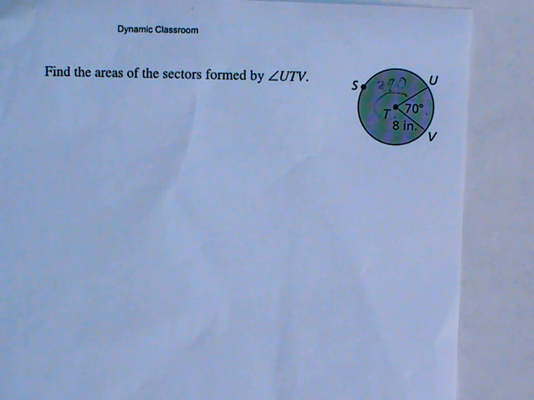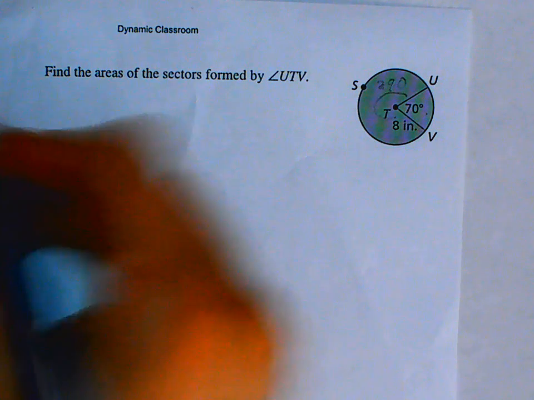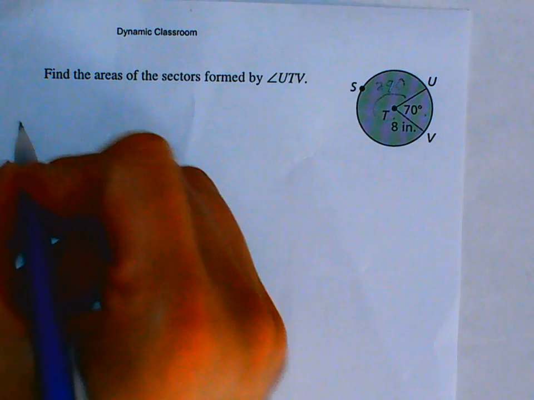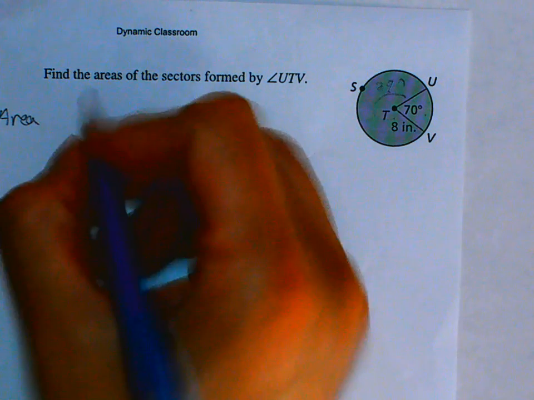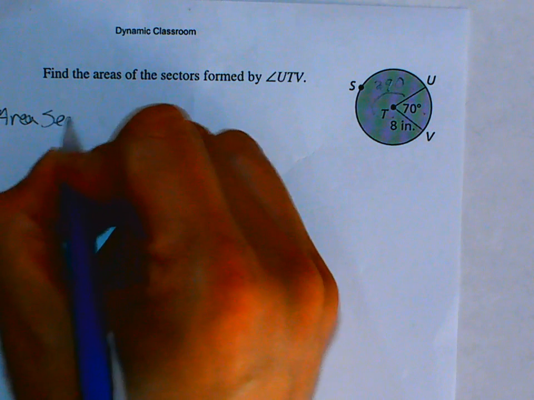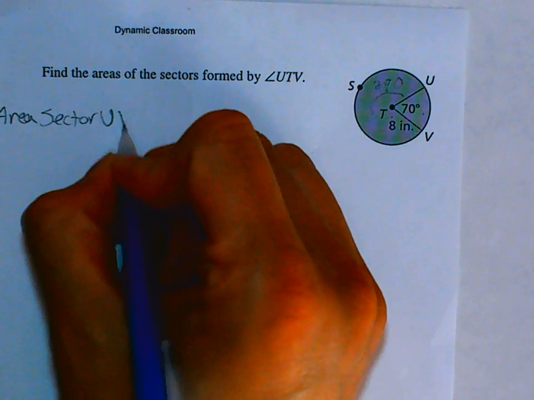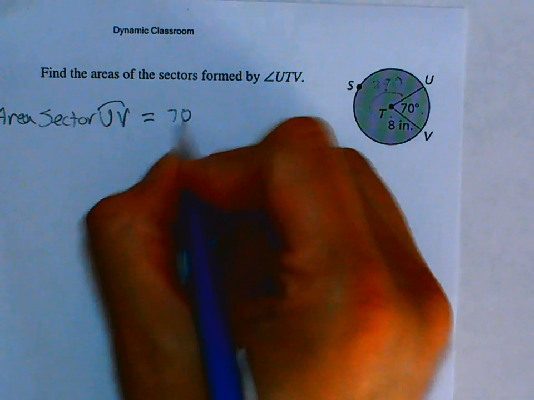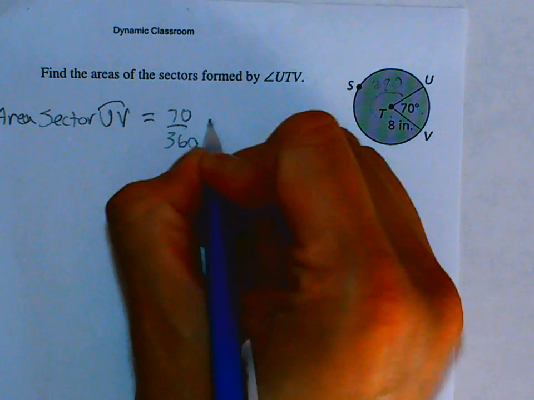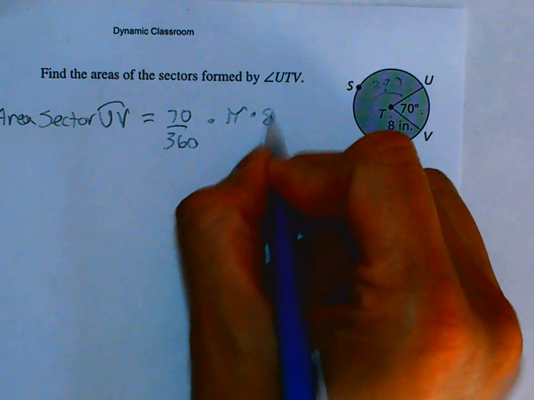So the equation is going to be exactly the same. The only difference is going to be just the angle. So the area of the small sector UV is going to equal 70 over 360 times pi times the radius of 8 squared.